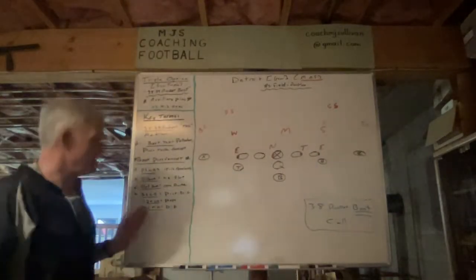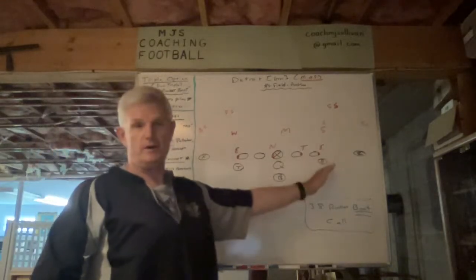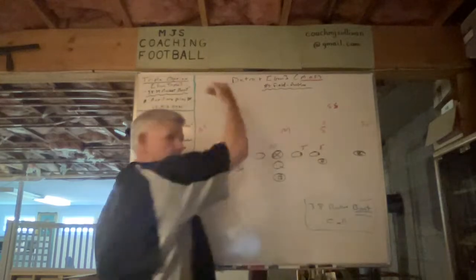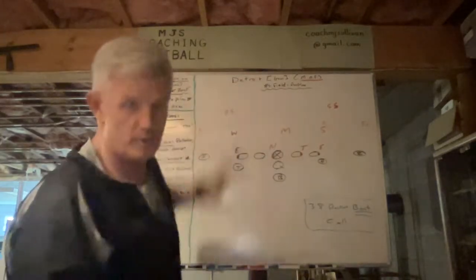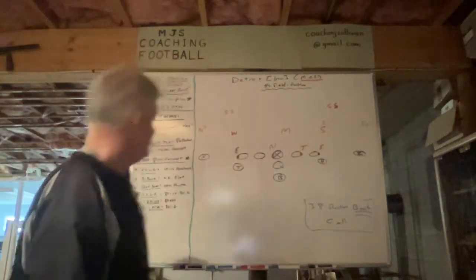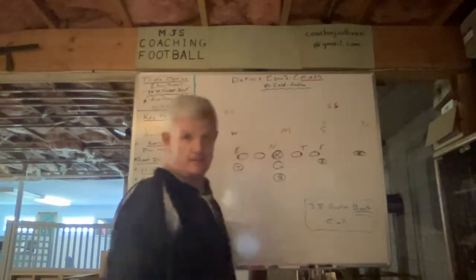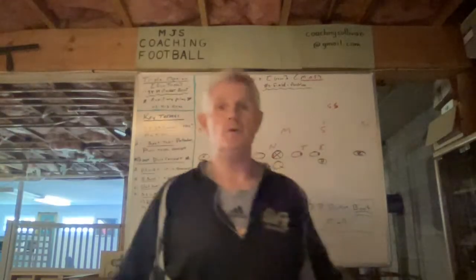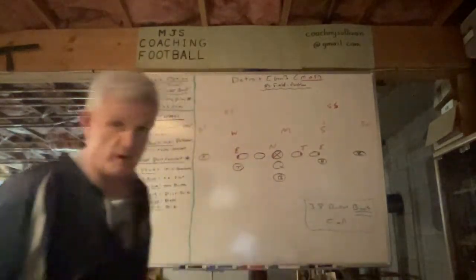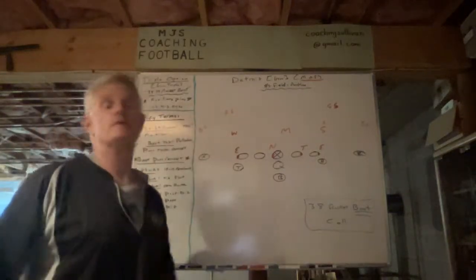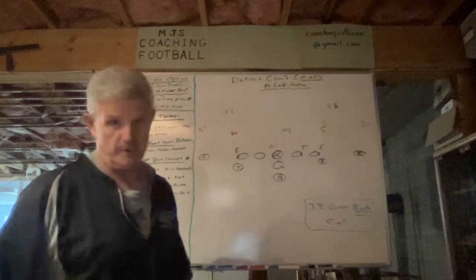C, the slot back, on the same side as the run action, but coming from the opposite side that the quarterback's running to, is running an over route. So what you end up with is a curl flat. The over route ends up in the curl area. Okay? So for us, the boot pass concept is very similar to the curl flat concept.